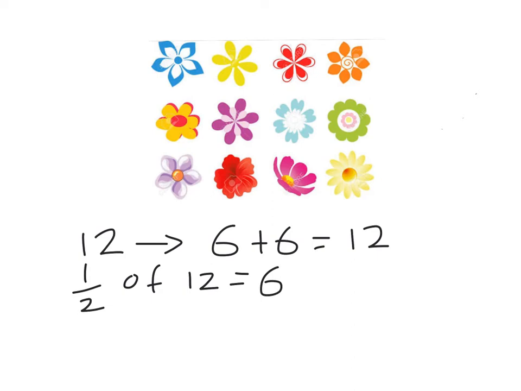And I also know that if I halve a half, it makes a quarter. So if I halve the 6, I will get a quarter of the set. So 1/4 of that 12 must equal 3.